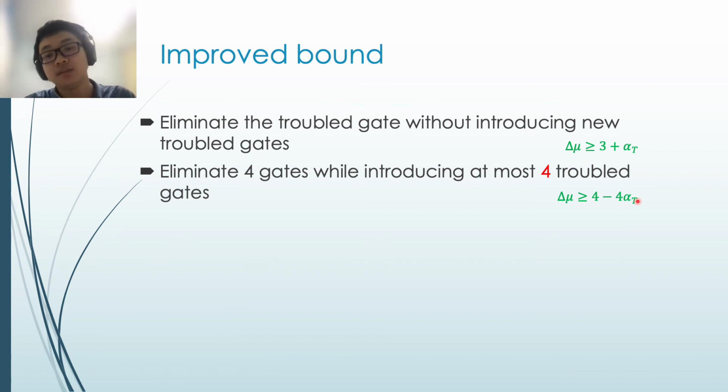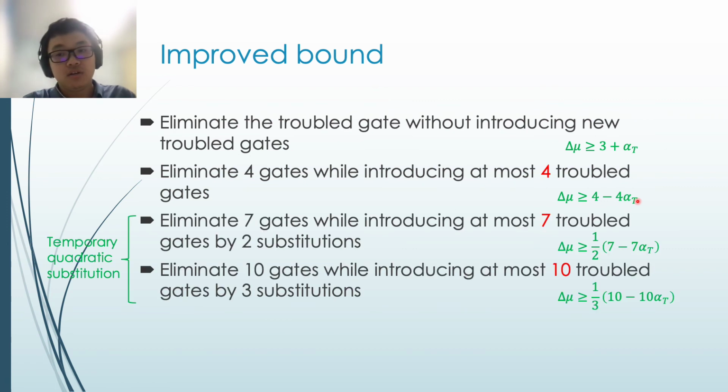But there are still some technical issues. Remember that we have mentioned an even harder case where we cannot eliminate the trouble gate without introducing new ones. In FGHK, we use temporary quadratic substitution to handle them. This results in two more cases.